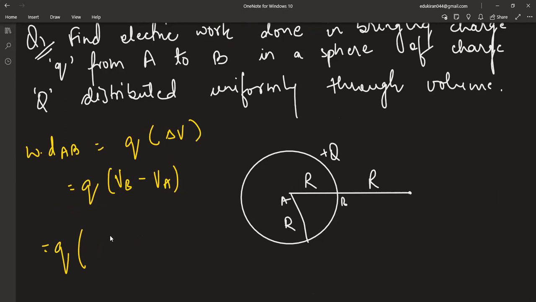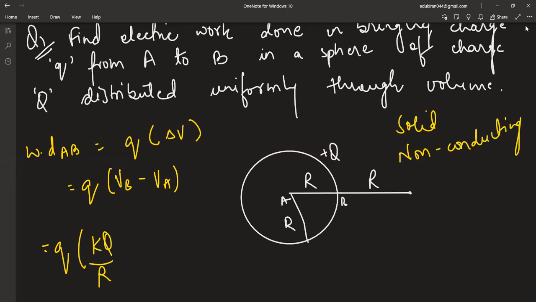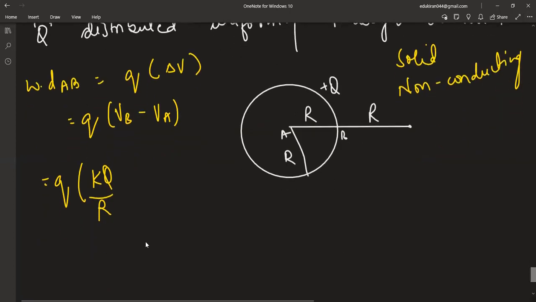So what would be the formula? KQ by capital R. Since it is given through volume, this is a solid, non-conducting sphere, the case you have just written. This is that case, minus.